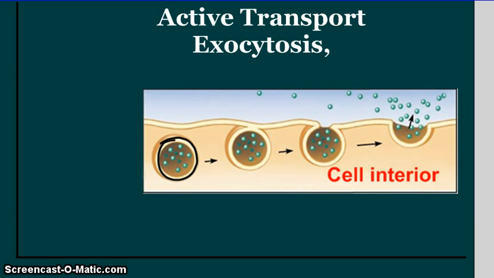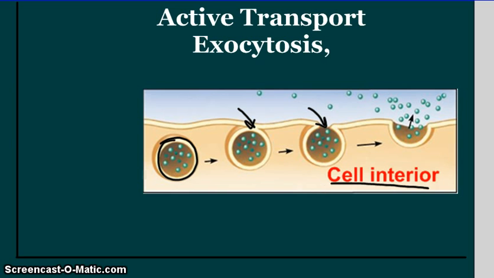It's sort of like a mini cell within the cell. This vesicle moves up and fuses with the cell wall here, and then opens up, allowing the molecules to exit the cell. Okay?